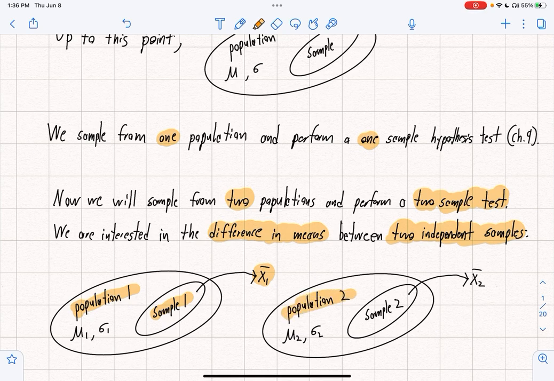And it also has its own population mean, mu2, and standard deviation, sigma 2. We're going to take a sample from this second population, we'll call this sample 2, and then we're going to get an estimate for the mean, which will be x bar 2. So we've got these two different populations, we're taking a sample from each population and getting that point estimate x bar from each sample.